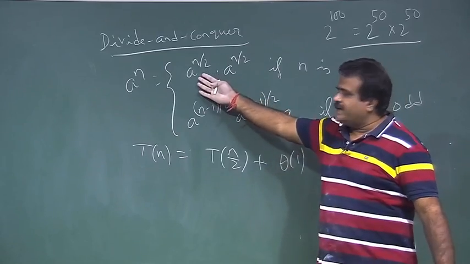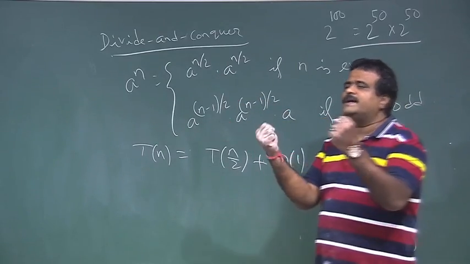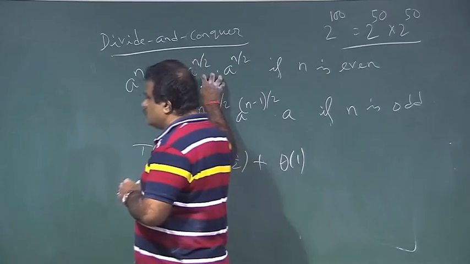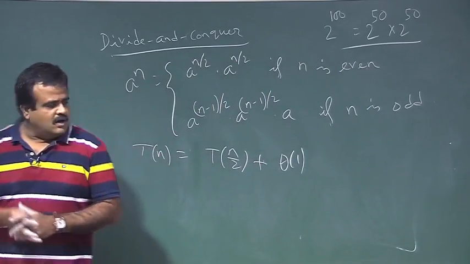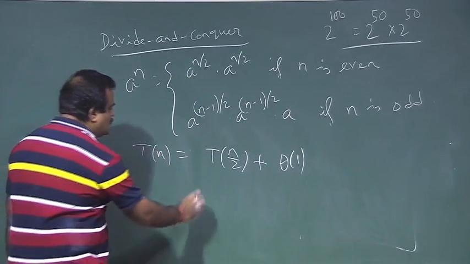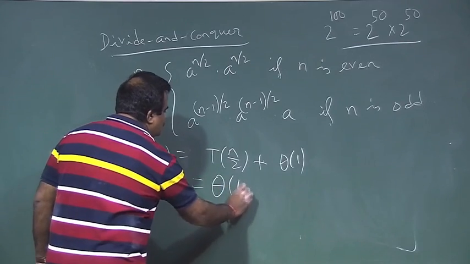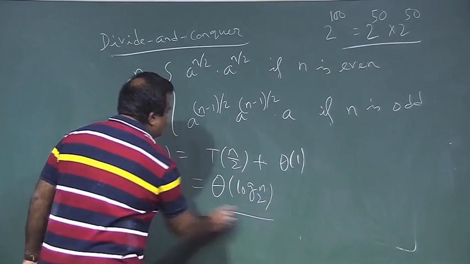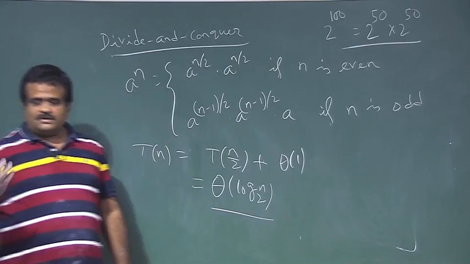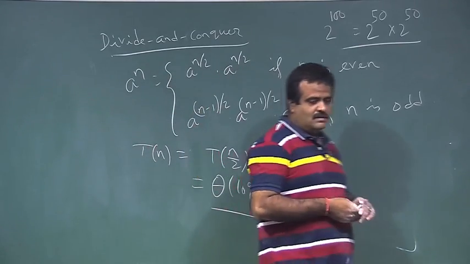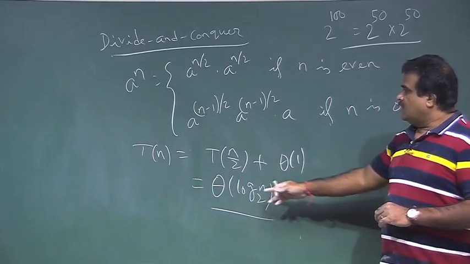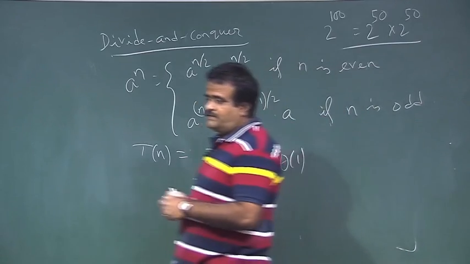If we calculate a to the power n by 2, store it somewhere, and multiply it with itself for the combine step, that is it. So, this is the recurrence. Now, what is the solution of this recurrence? We have seen this recurrence just now for the binary search method. So, this is basically log of n.